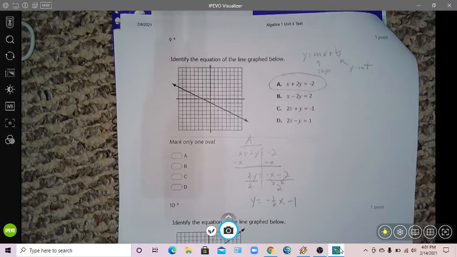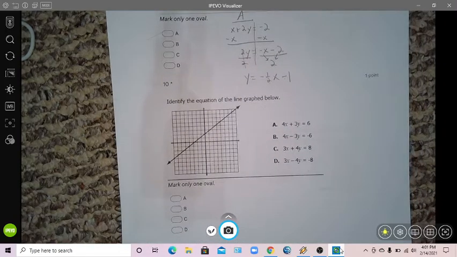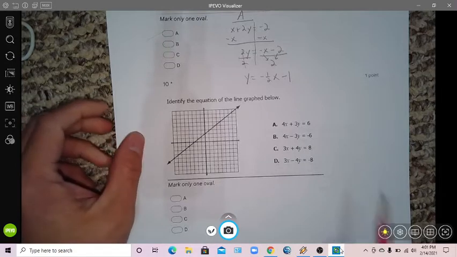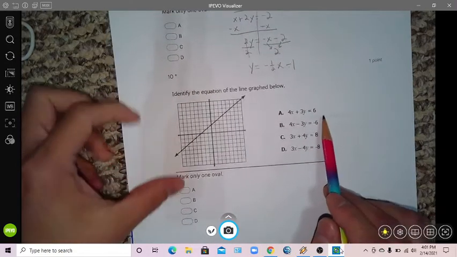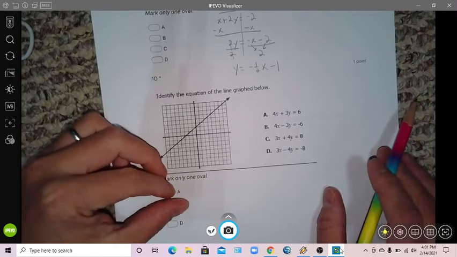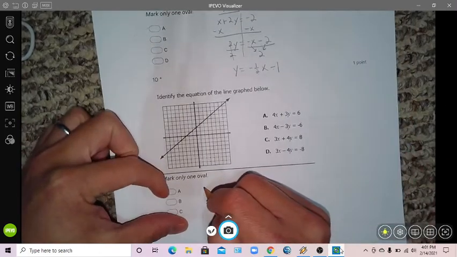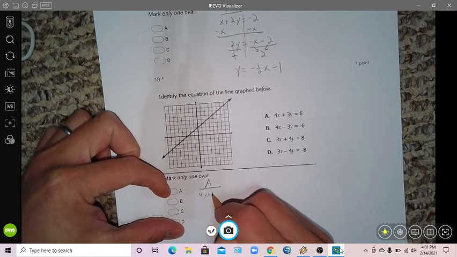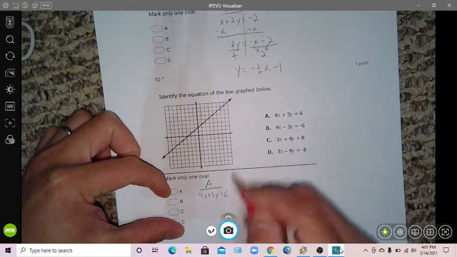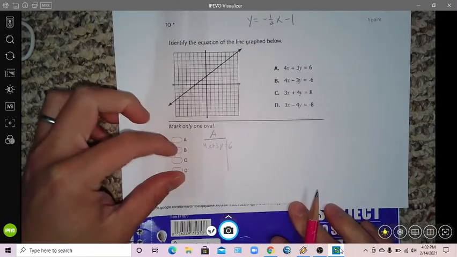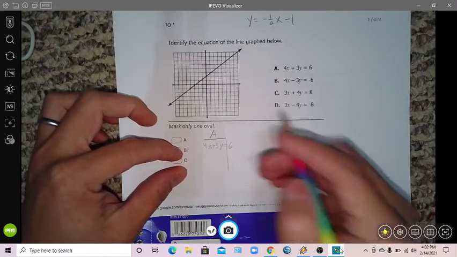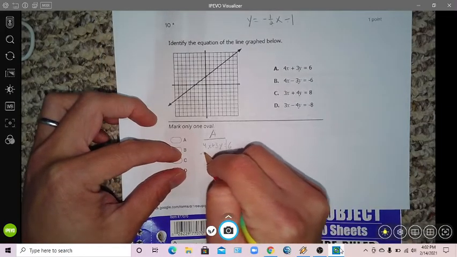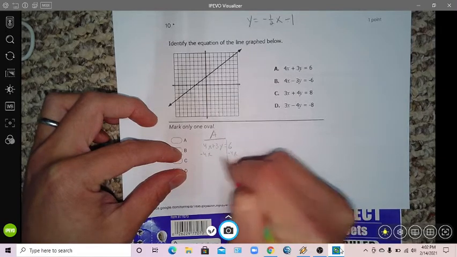Alright, let's look at number 10. Identify the equation here. Again, let's rewrite all of these in y equals mx plus b form. Here's A: 4x plus 3y equals 6. Let's solve for y. Subtract 4x from both sides.